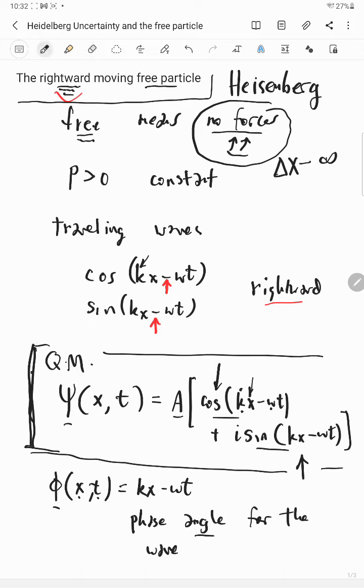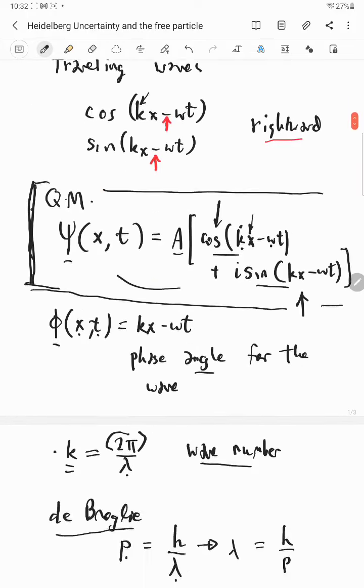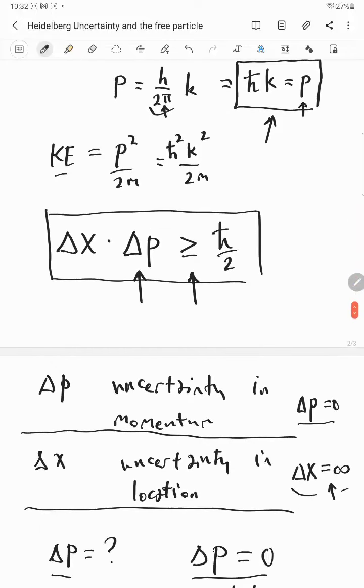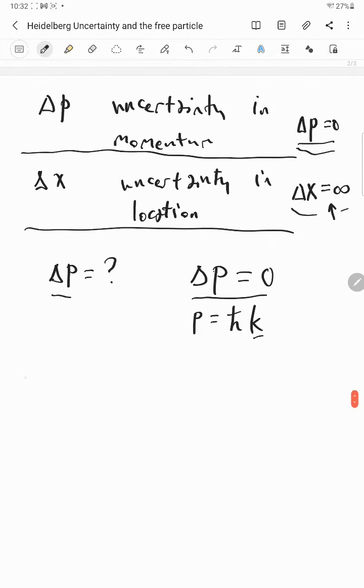You just say that free means no localization. No forces could indicate no localization, right? So I have no idea where the particle is, but according to this wave function, I have 100% confidence in what the momentum is.